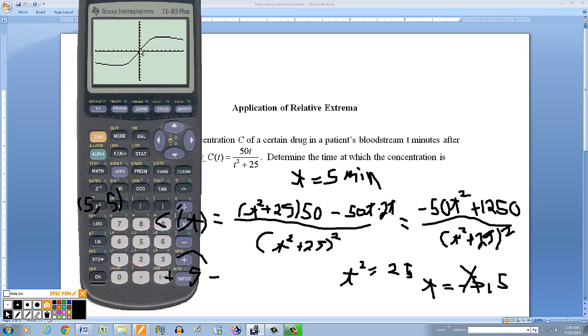And then, of course, we're only interested in positive numbers since we're dealing with time. So the maximum occurs right here, okay, at 5 and 5. So if you look at your table, you can verify that also. At 5, it goes to 5. Okay, if you want to look at the other side, at negative 5, it goes to negative 5.